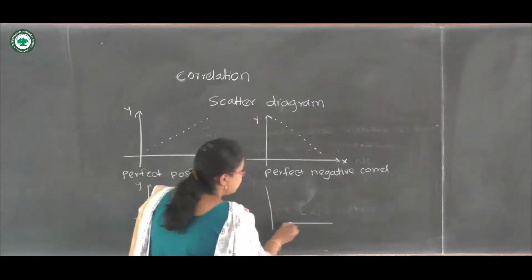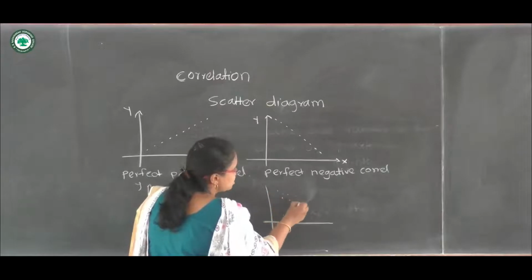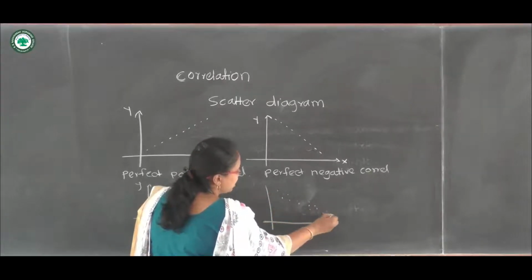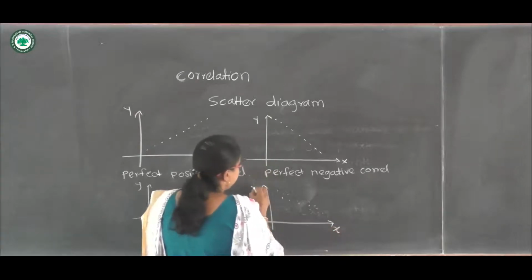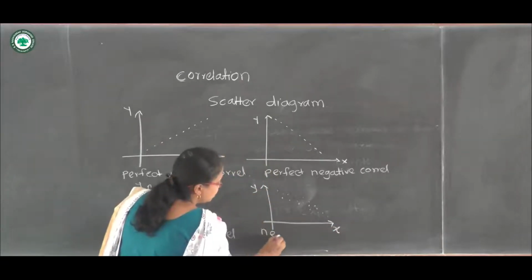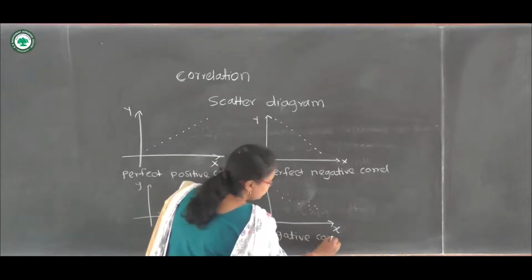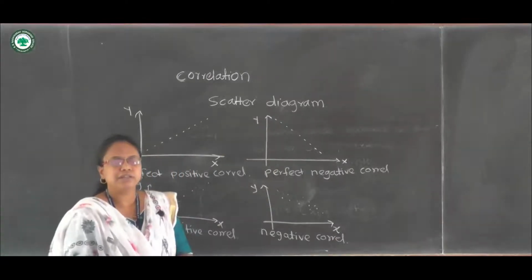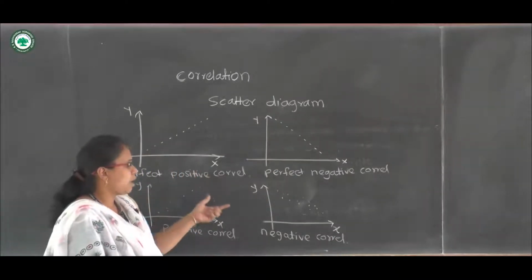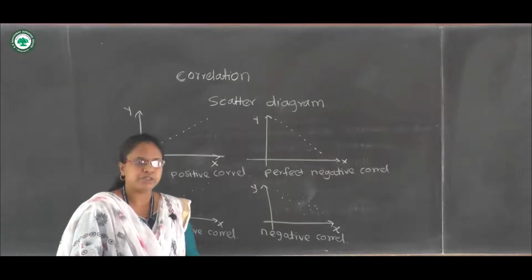If the scatter diagram looks like this, with a decreasing pattern but we cannot draw a straight line through them, then we say that there is a negative correlation. So here, by just visualizing the plot, we make a judgment about the type of correlation only.